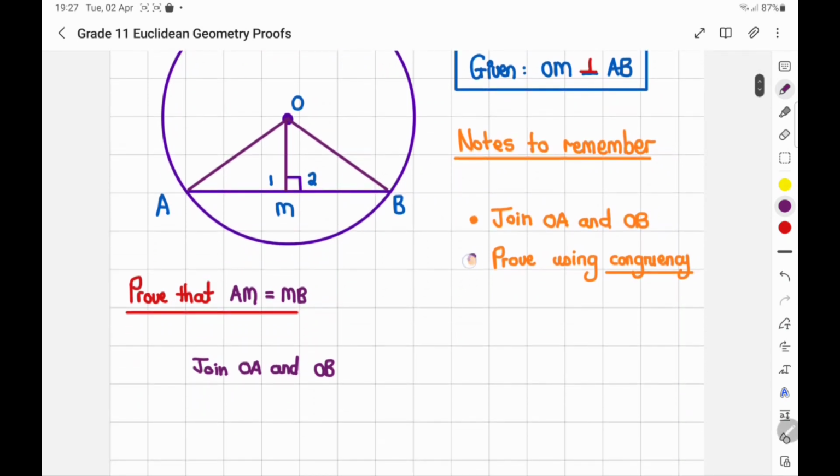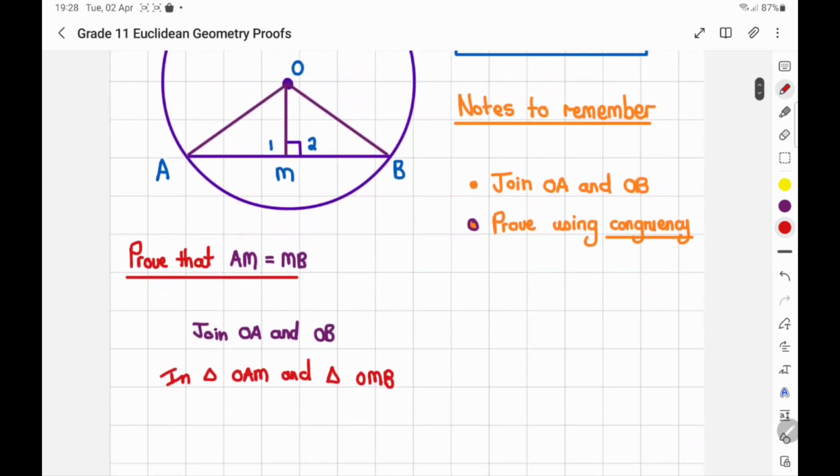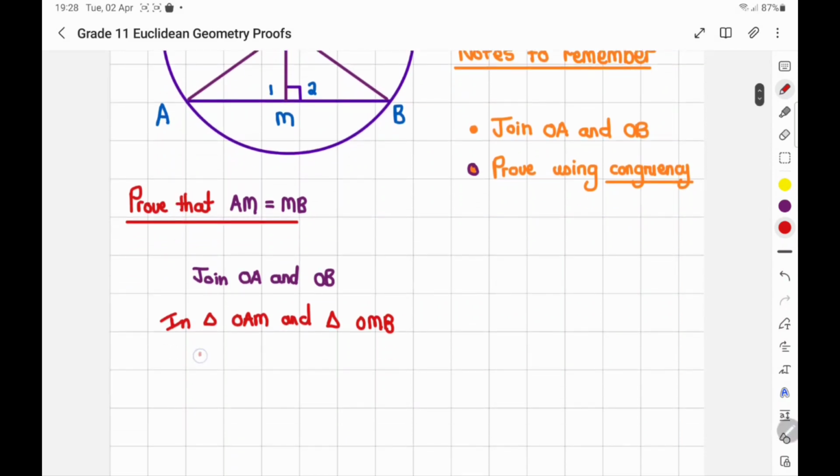Okay, so the next dot says proof using congruency. In congruency, we always start with saying, in triangle OAM and triangle OMB, doesn't have to be in order for now. I want to prove that they are congruent, so I need to list three things.